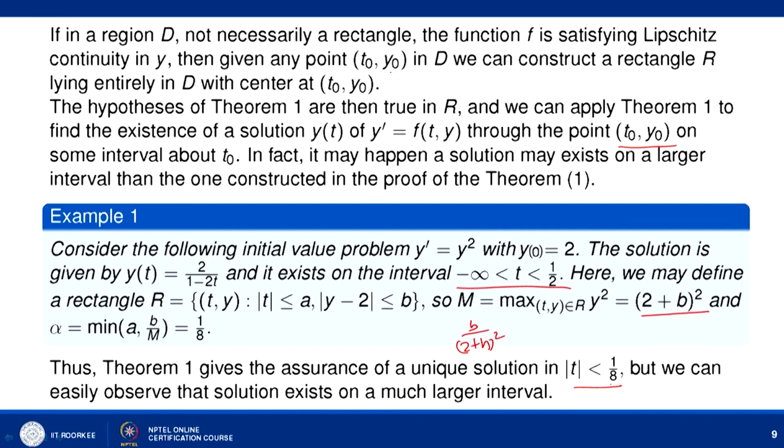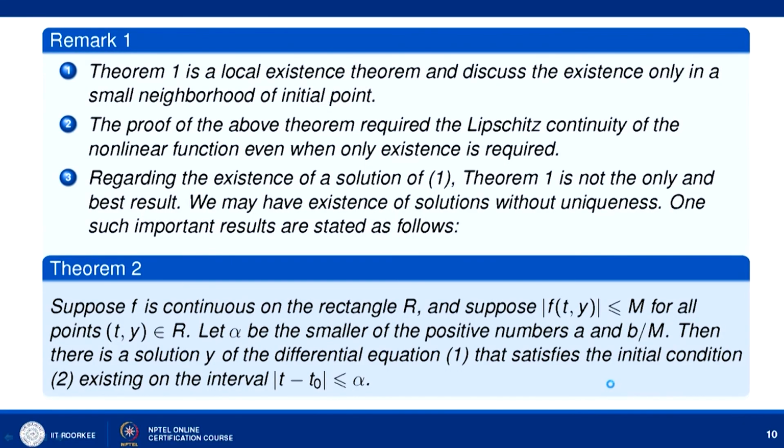It means that this theorem is a local existence theorem, where the solution is guaranteed only in a small neighborhood around the initial point. So theorem 1 is a local existence theorem and discusses existence only in a small neighborhood of the initial point, which we may observe from the previous example.